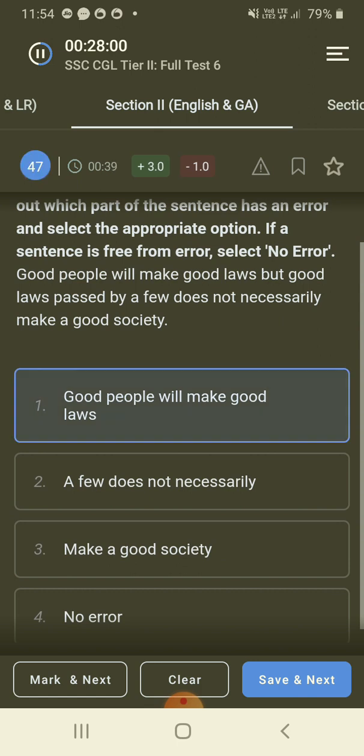Good people make good laws, but good laws passed by but good laws passed by a few passed by a few passed by few good people good people will make good laws. Good laws passed by people make few does not necessarily.